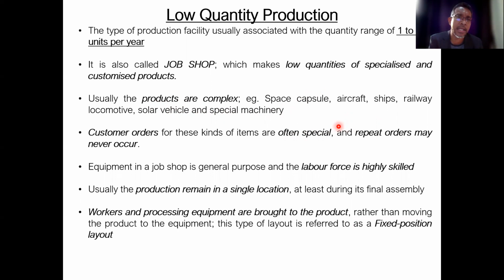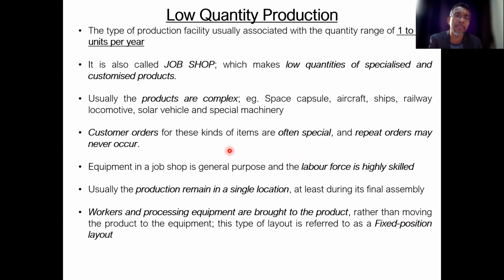So they have the product, and then the operators bring the machines, and they will do the production at the site. So the product stays in one space, the production space. We call it job shop. And then customer orders for this kind of item are often special, and repeat orders may never occur.